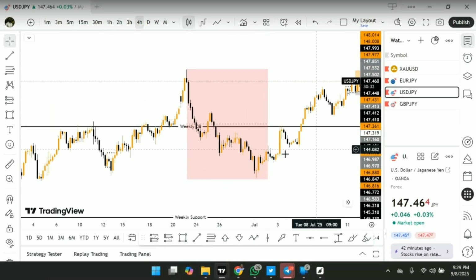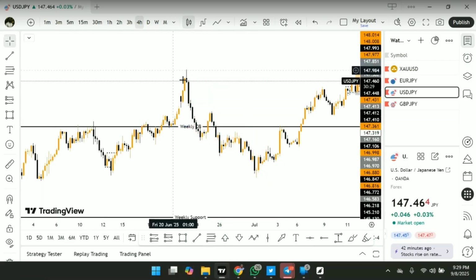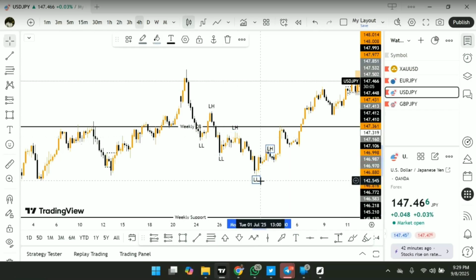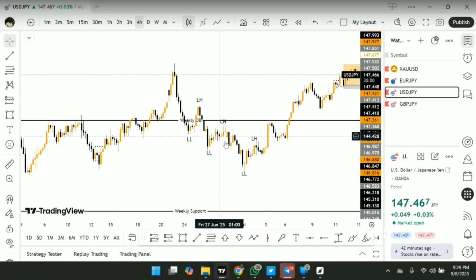We have a series of lower lows, lower highs, lower low, lower high, lower low, lower high, lower low, and then lower high. So you can see from here to here is a downtrend.